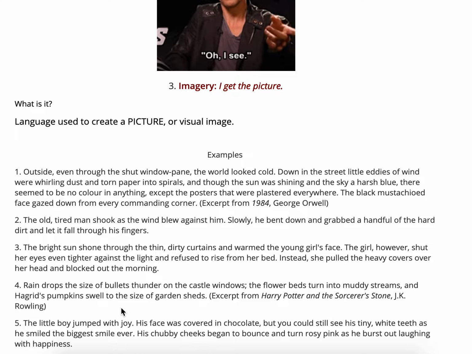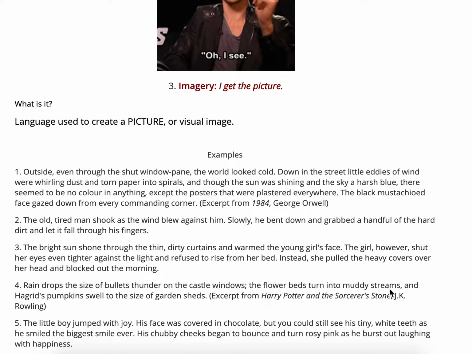And we know it's not a light drizzle, one, because she talks about how big the rain is, but then she's talking about how the flower beds turn into muddy streams. When it just sprinkles, our flower beds don't turn into rivers or streams, but when it's raining hard they do. So we can get the idea that it's raining hard and it's been raining for a little while. And then Hagrid's pumpkins swell to the size of garden sheds.